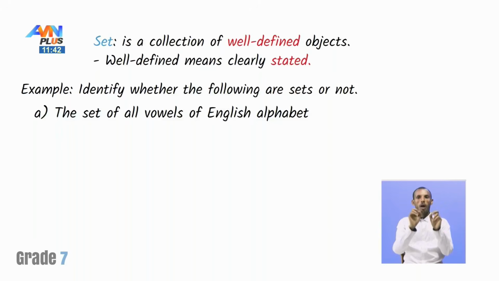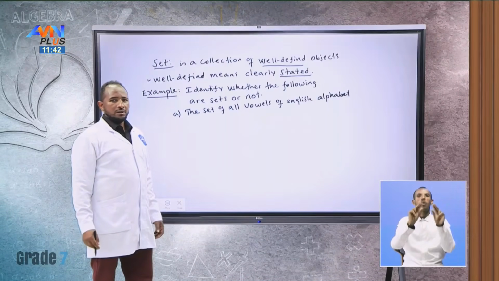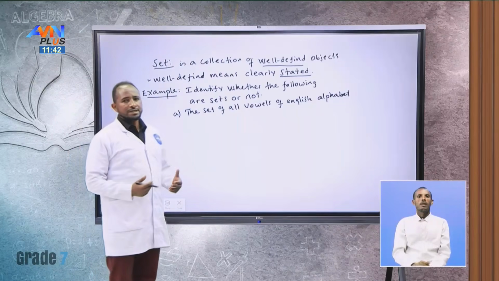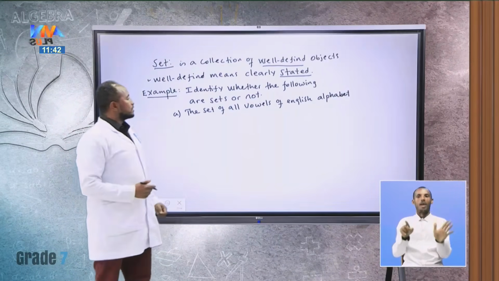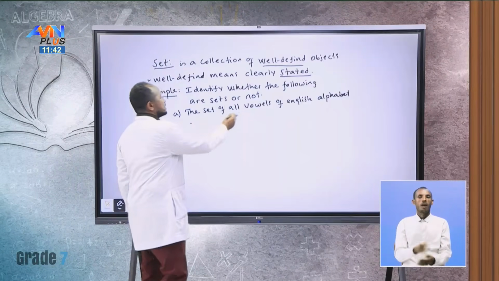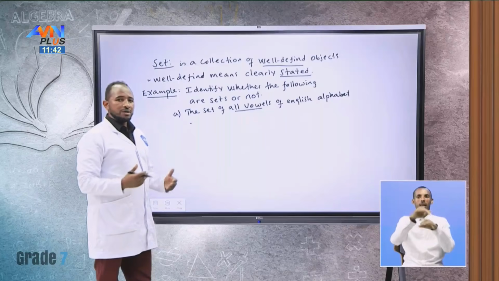Okay. Is this a set or not, students? Can we list the objects clearly? Here, the set of all vowels of the English alphabet can be clearly stated.